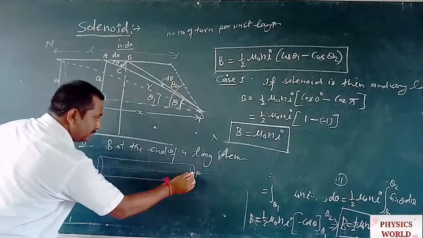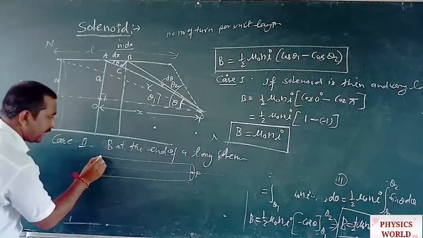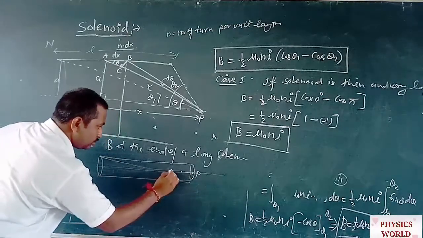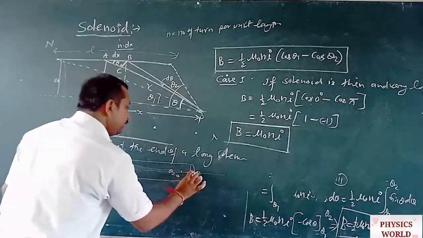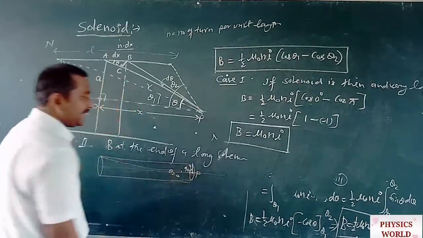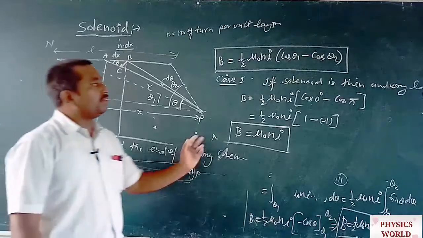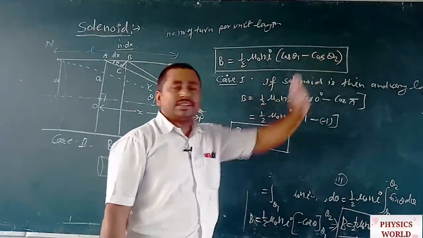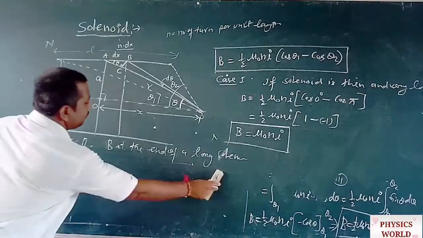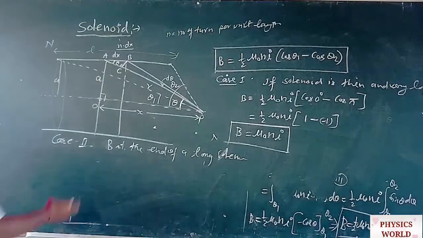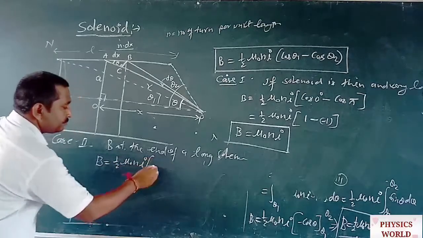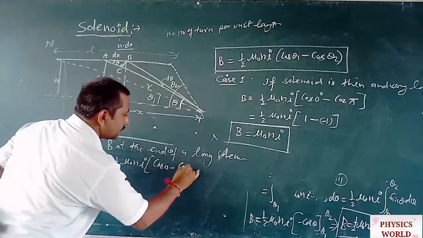If we join this point to the first turn of the coil, the angle made by the line is assumed as 0 degree, and if we connect the last turn to the axis, it makes 90 degree. So if we put theta 1 as 0 degree and theta 2 as 90 degree, then we can easily calculate the magnetic field at the end of the solenoid. This will be equal to half of mu 0 Ni times cos of 0 minus cos of 90.